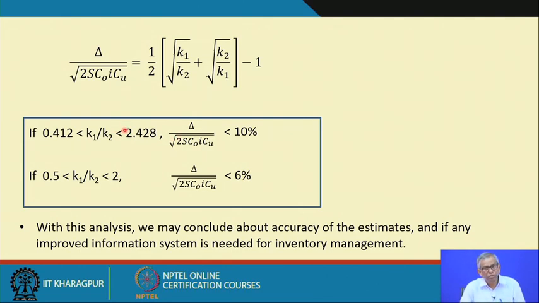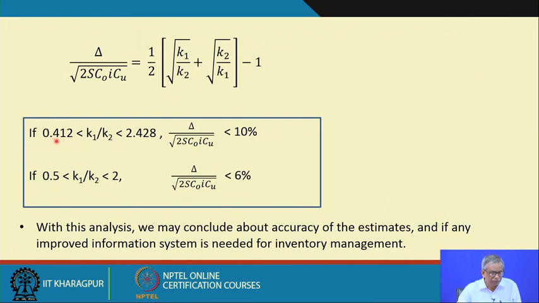Now, you try with several possible values of k1 and k2, and there are certain conclusions you may draw. k1 is with respect to I and k2 is with respect to CO, the ordering cost per order.